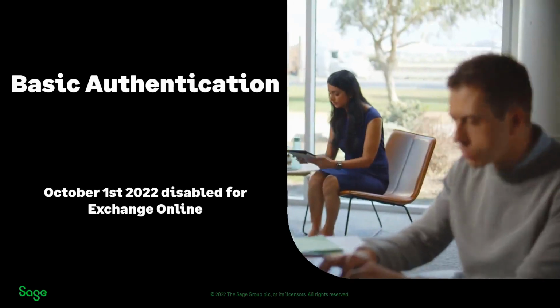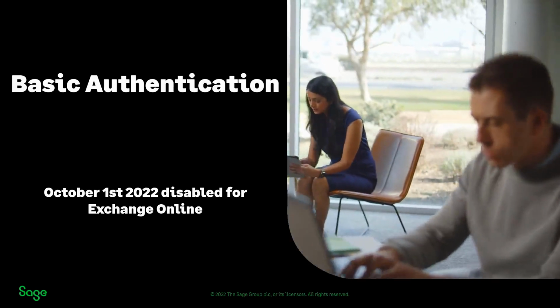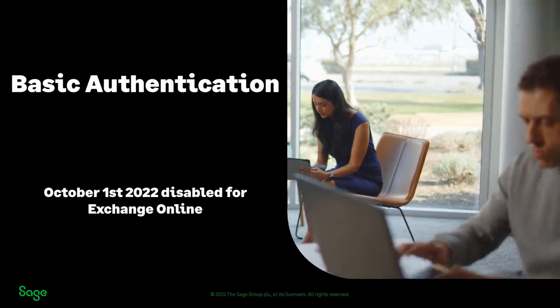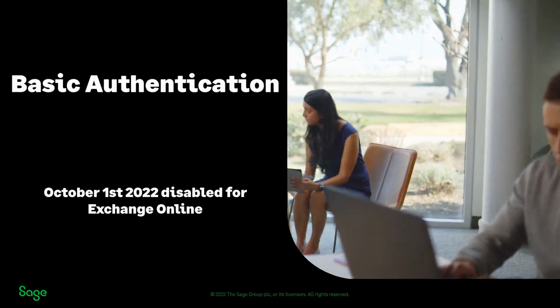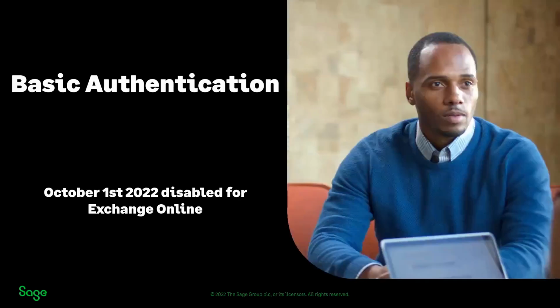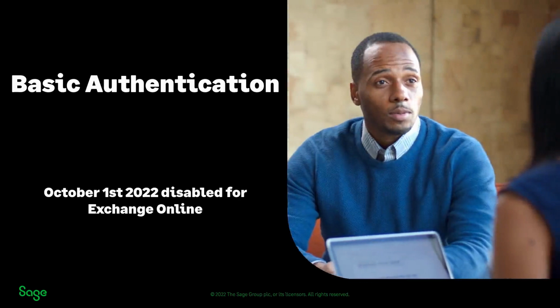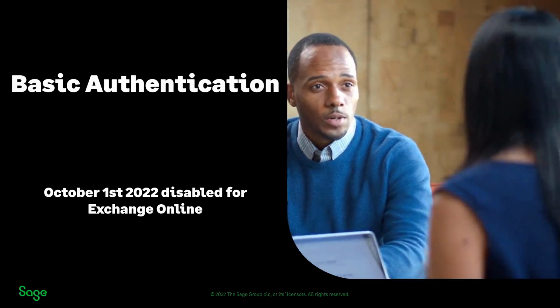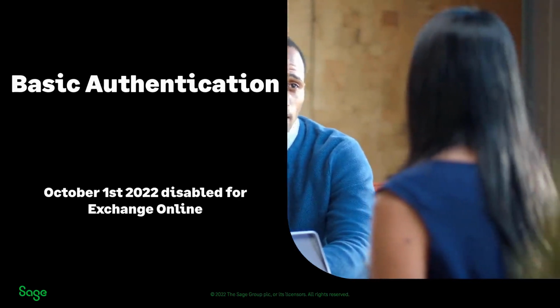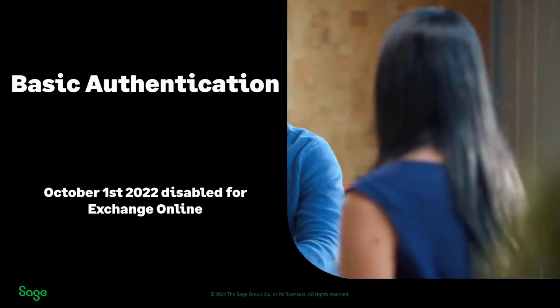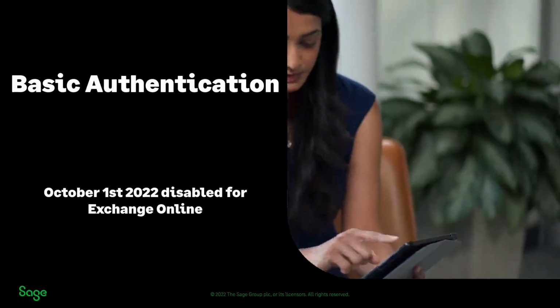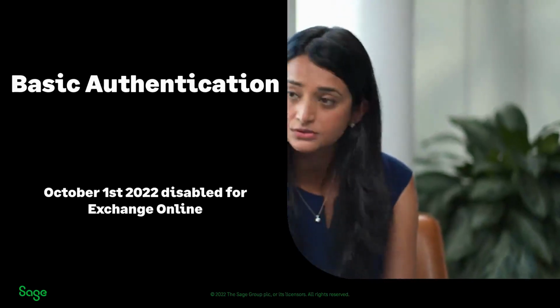So, with the news that Microsoft announced that effective from October the 1st, 2022, they would begin disabling basic authentication for Outlook, Exchange Web Services, POP, and a host of other protocols within Exchange Online, what does it mean for Sage CRM?